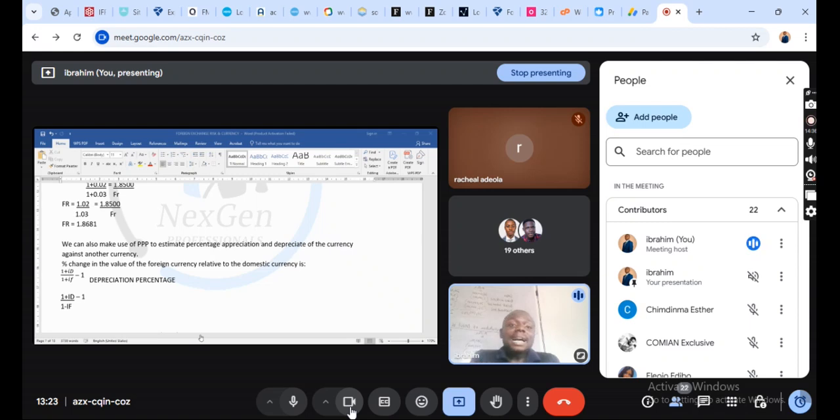Now, sometimes when you want to determine percentage depreciation, I've explained that you look at your spot rate: is the Nigerian currency appreciated or depreciated? What is the percentage decrease of depreciation? That's the formula. For appreciation, you change it to 1 plus ID divided by 1 plus IF, minus 1.